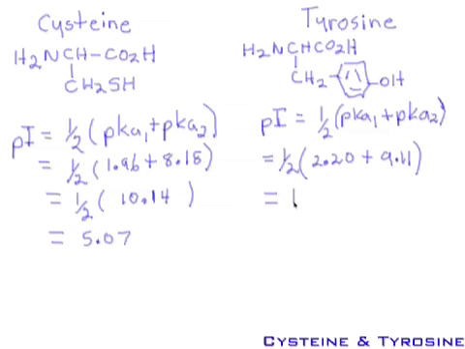I add that up, I get 11.31. So if I divide by 2, I get roughly 5.66. And so you see that the isoelectric points are found in the 5 to 6 region typical of neutral amino acids.